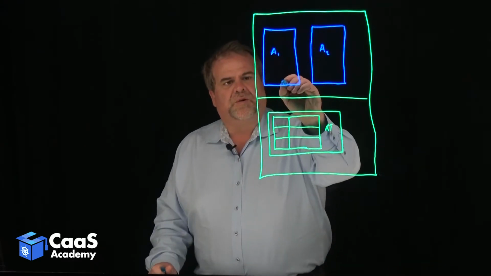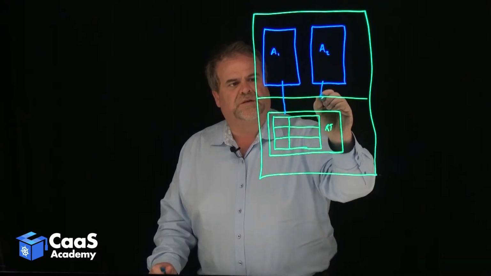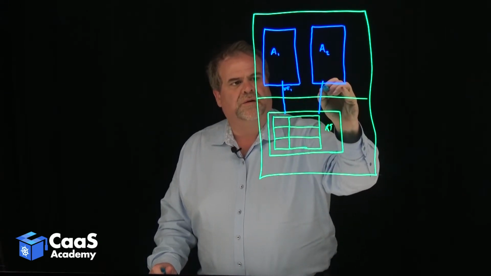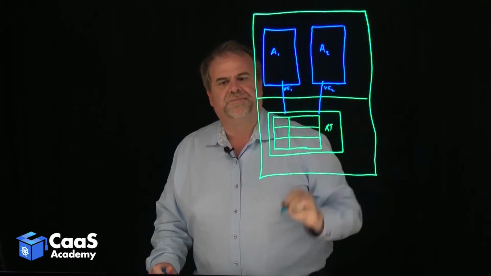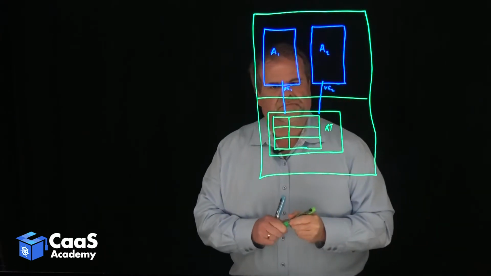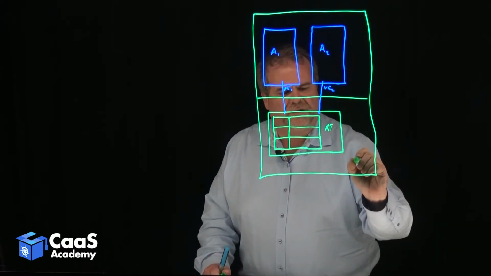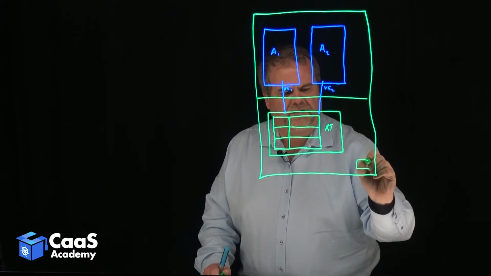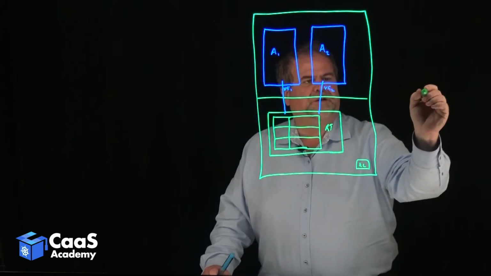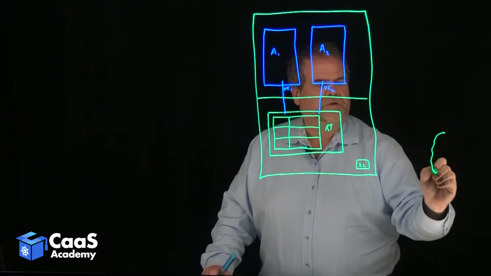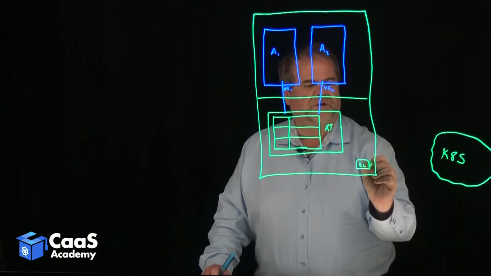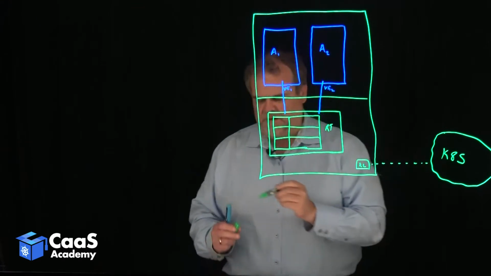And if you remember, we had a couple of virtual Ethernets. So we'll call this virtual Ethernet 1 and virtual Ethernet 2. And I've got my kubelet down here. The kubelet really doesn't come into play here anymore, but I'll leave it here. And I've got Kubernetes here, the rest of the Kubernetes infrastructure, and the kubelet is talking to that.